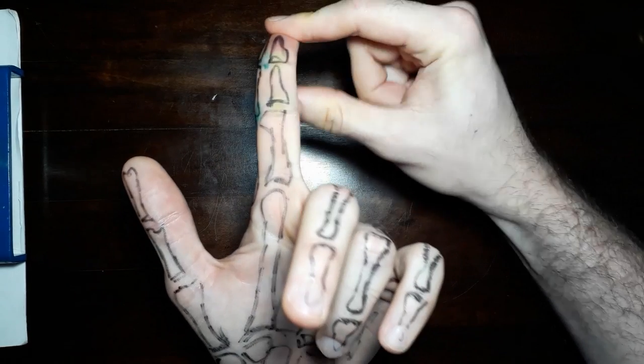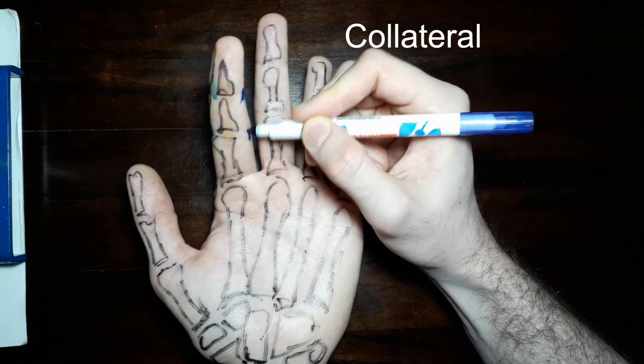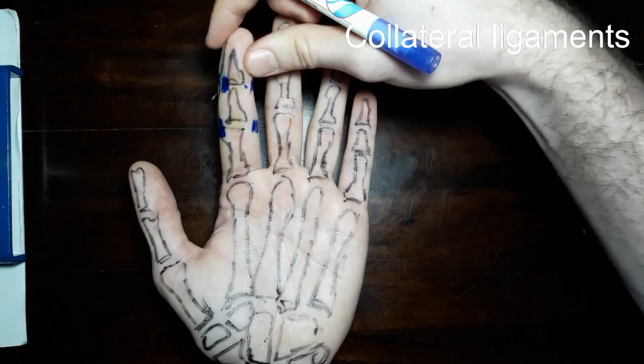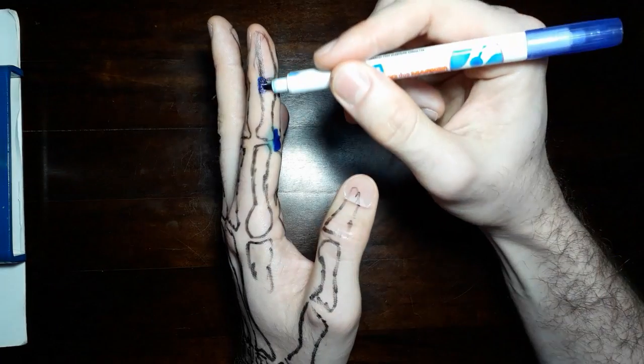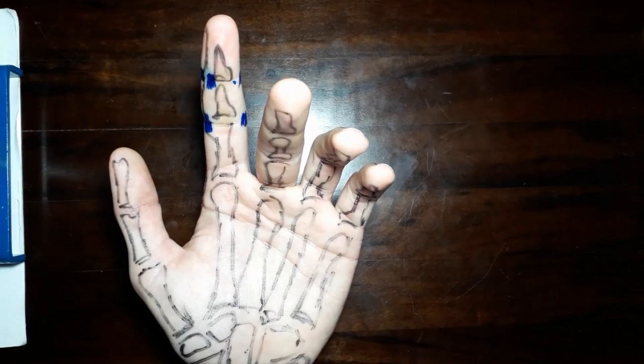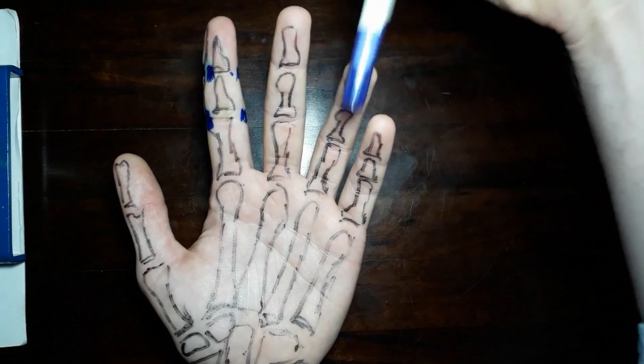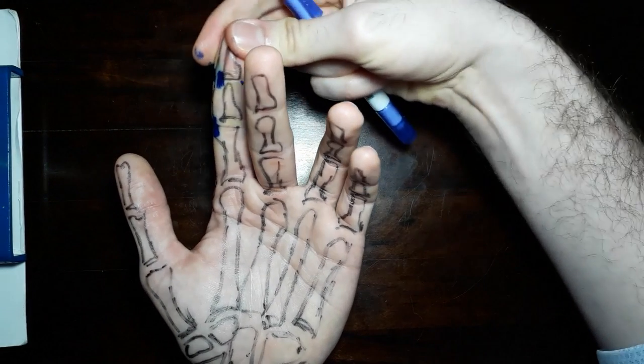So they would be like here. We also have collateral ligaments, which are meant to prevent sideways, lateral dislocation. So they would prevent phalanges from moving outside of the finger axis.